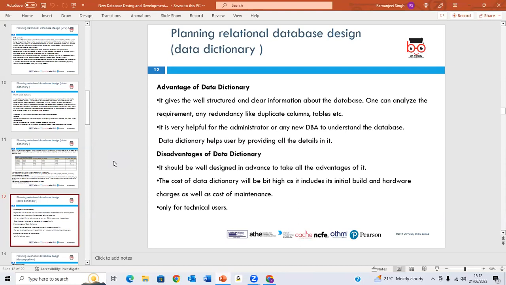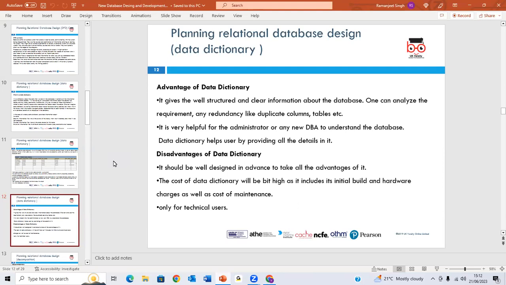Also, it is very helpful for our database administrator, who can understand the data in our database, and it is easier for them to manipulate the information inside our data.